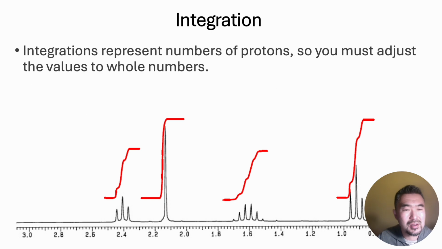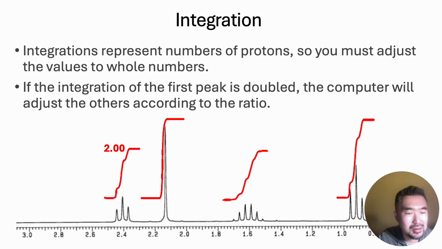But you can use the ratio to figure out the numbers of protons. So instead of using the previous ratio, if we multiply everything by 2, we get something pretty close to whole numbers for every single peak. So that's likely the actual number of protons. So there's probably 2 protons here, 3 here, 2 here, 3 here. That's how that works, if that makes sense, about the integration.